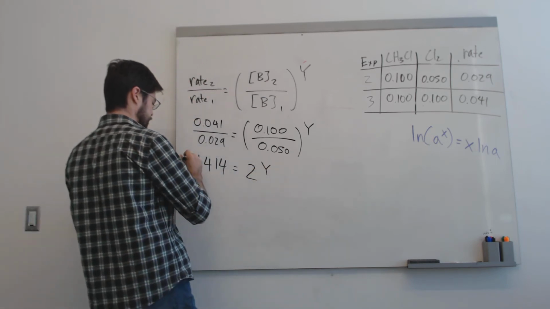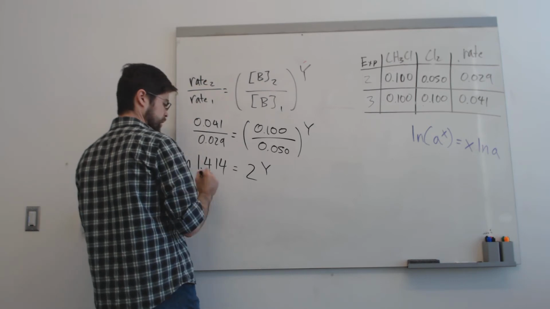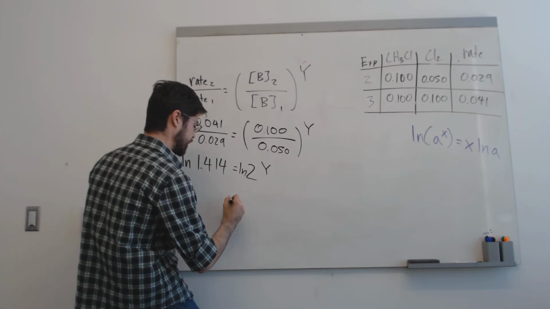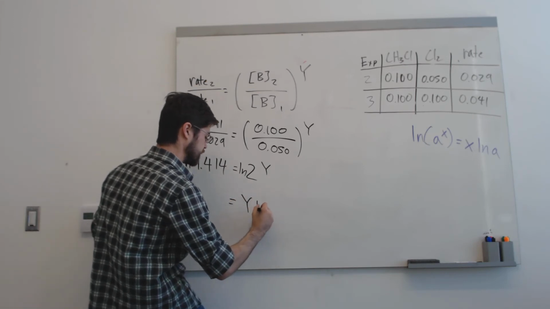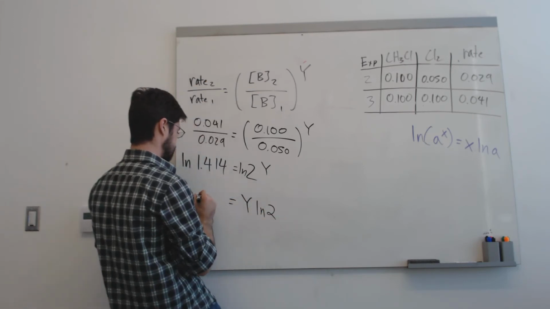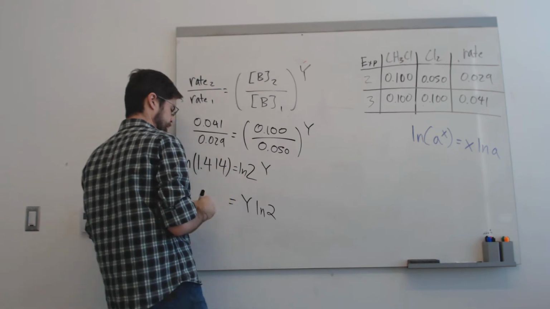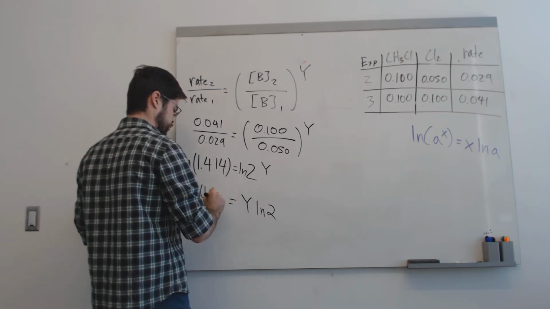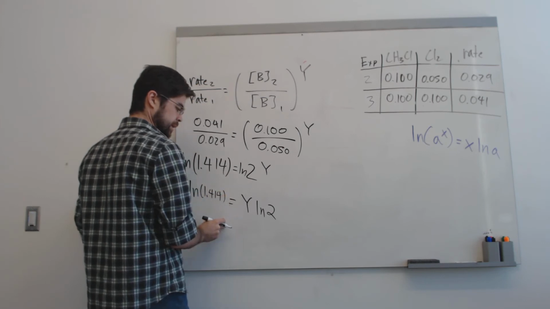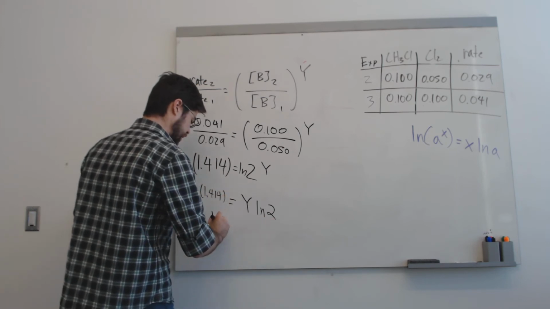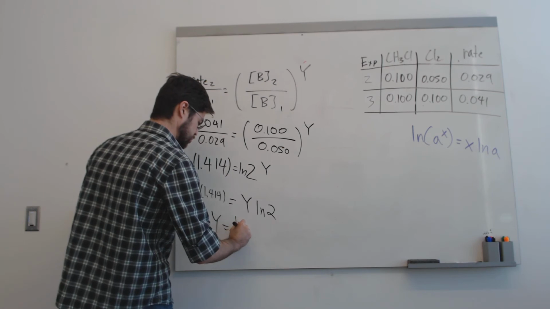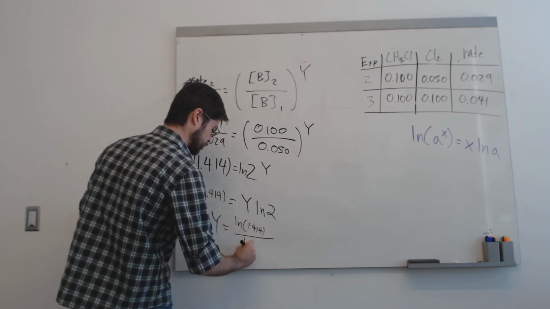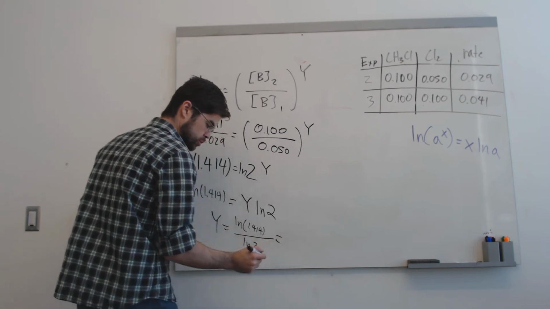So I can take natural log of both sides, bring down the y, and I have y times natural log of 2 is equal to natural log of 1.414. Then I can solve for y: y is natural log of 1.414 over natural log of 2.